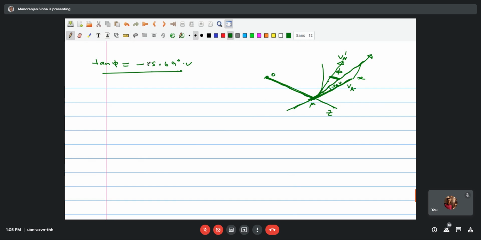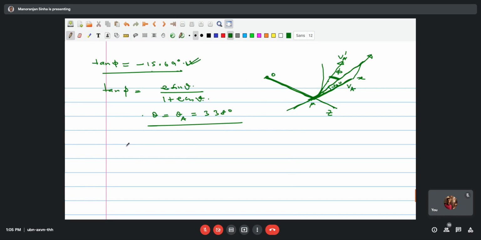This you can compute using the previous equation we have written: tan phi equals E sin theta divided by 1 plus E cos theta. This point P in the transfer orbit has to be measured from the periapsis, and theta here is nothing but theta equal to theta A equal to theta T, which turns out to be 15.69 degrees.